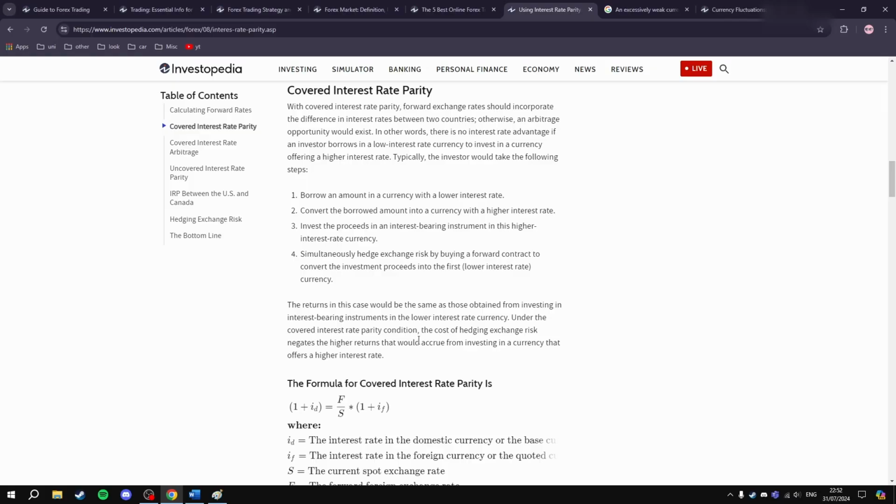Typically, the investor would take the following steps: borrow an amount in a currency of low interest rate, convert the borrowed amount into a currency of high interest rate. The investor proceeds into an interest-bearing instrument in this high interest rate currency. Simultaneously, hedge exchange risk by buying a forward contract to convert the investment proceeds into the first, low interest rate currency.